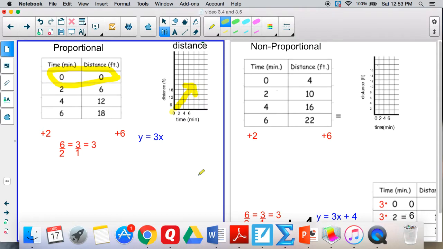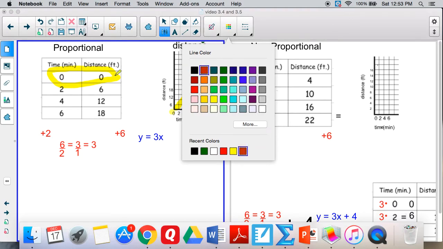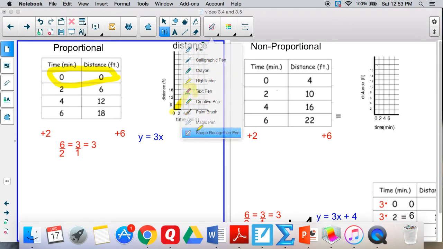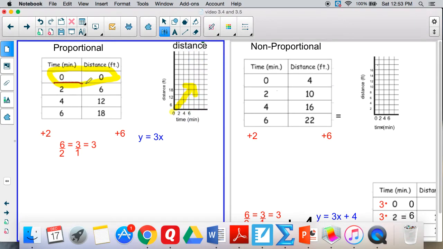Now, the other really cool thing about this is we can start looking for a pattern horizontally. And we've been used to doing that vertically. So let's take a look at the data horizontally. 0 divided by 0 is really not going to help us very much, so let's not worry about that piece of data, but let's compare the ratio of 6 to 2, and 12 to 4, and 18 to 6.